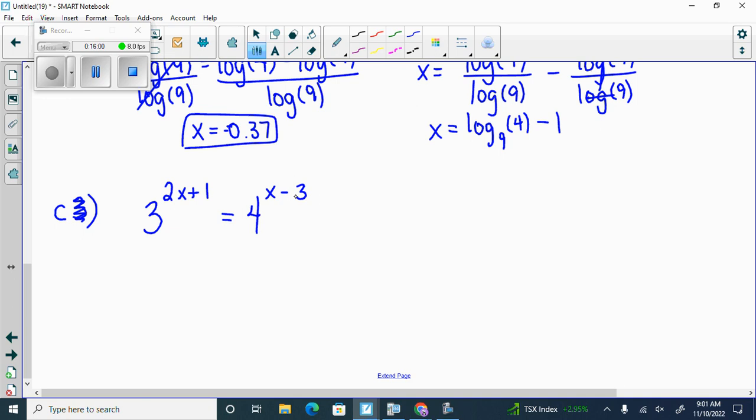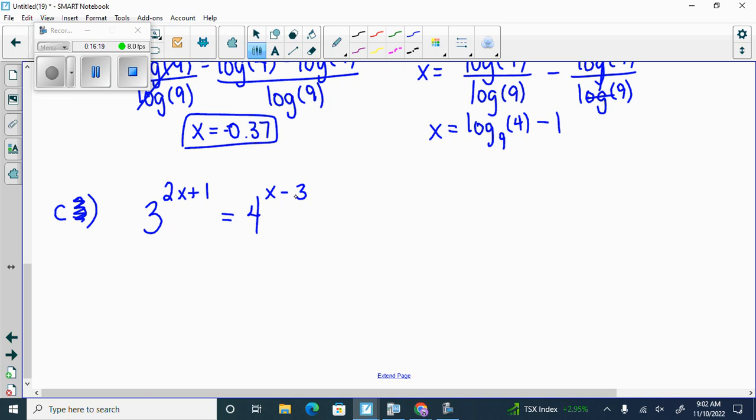Common base, I can log base 10. If it's really hard, I have to log base 10 it. So no matter what, log base 10 on both sides works for every solving exponential. It might just not be your fastest way, right?